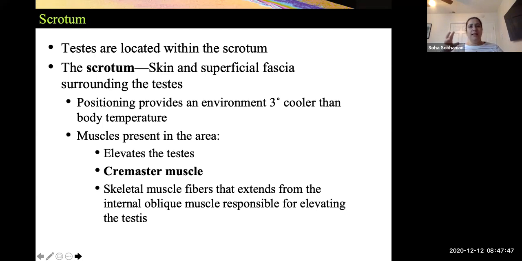The main reason is that for sperm to develop effectively, you need an environment about 3 degrees centigrade cooler than regular body temperature. Sorry, I said Fahrenheit, I meant centigrade. So if your regular body temperature is about 37 degrees, the sperm needs about 34 degrees for the proper environment.